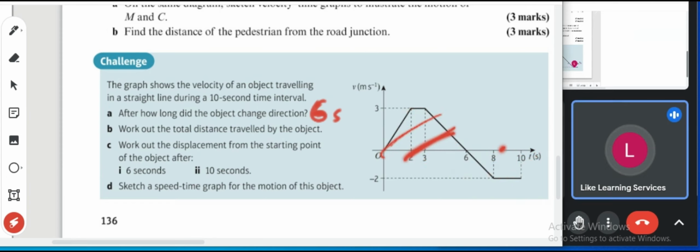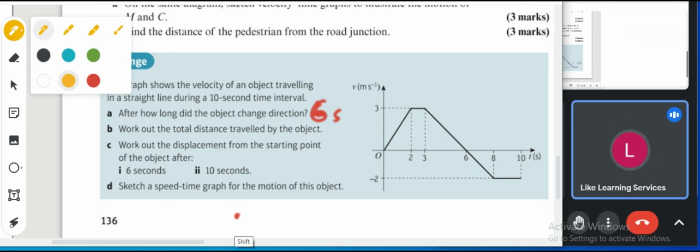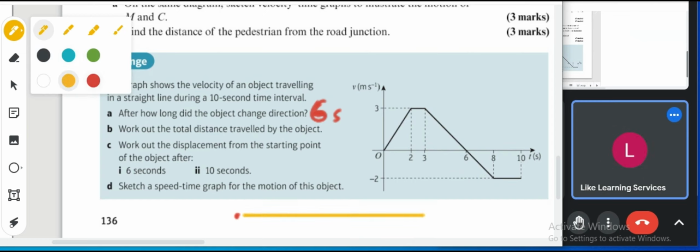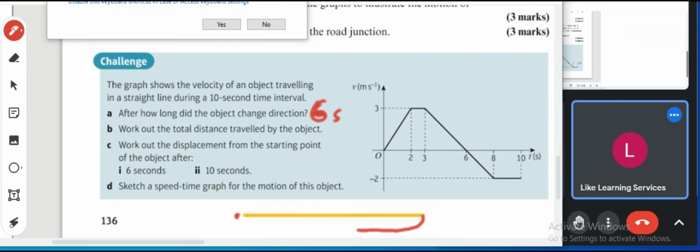The summation of all the area, whether above or under the graph. This is the reason. We've talked about this before, but just for emphasis, let me remind you.